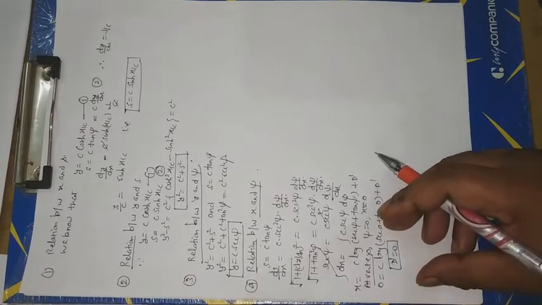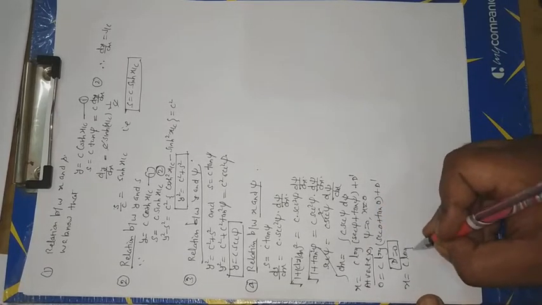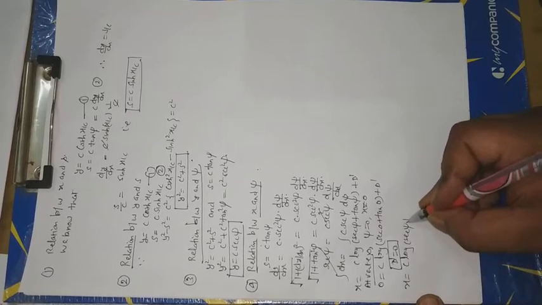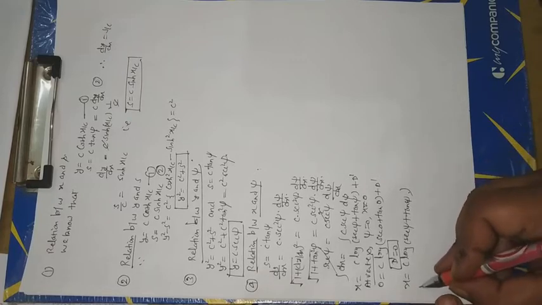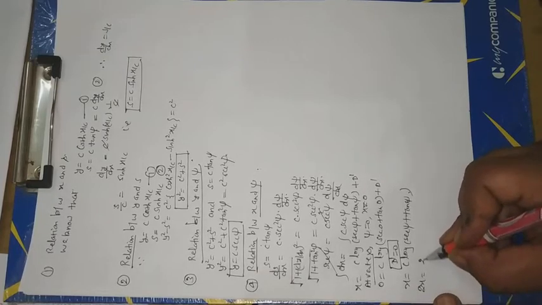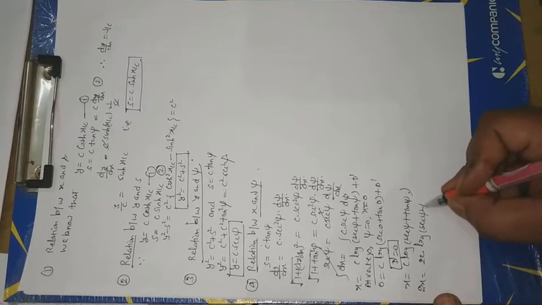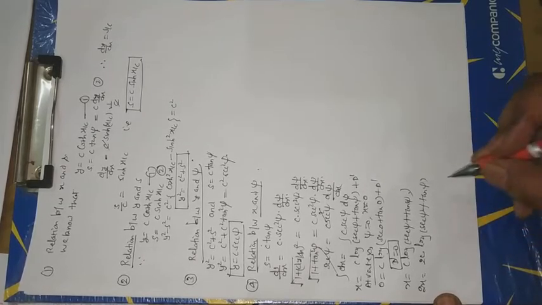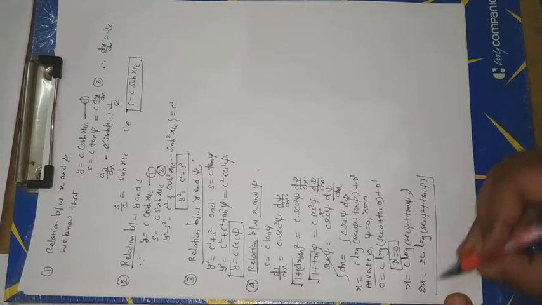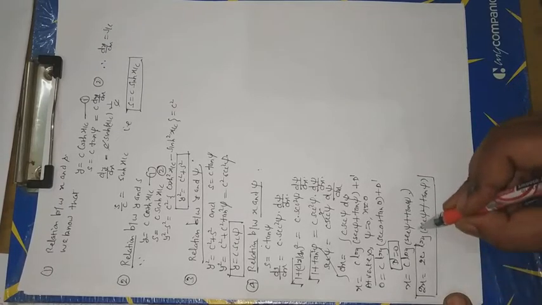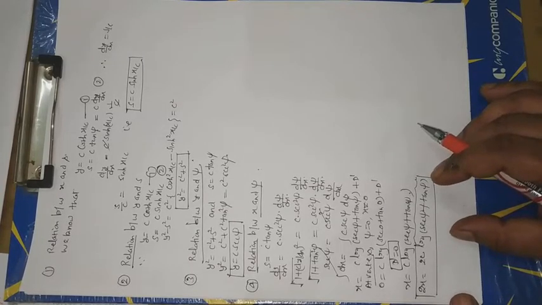That is, we get x is equal to c log(sec psi plus tan psi). That is we can say 2x is equal to 2c log(sec psi plus tan psi). This is the relation between x and psi, where 2x is the span of the common catenary.